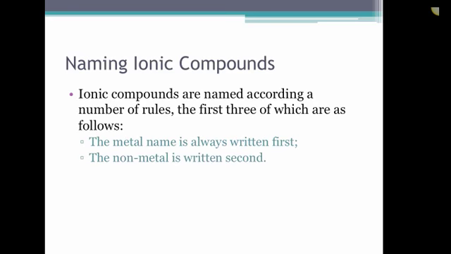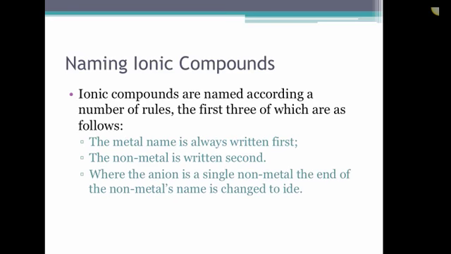Obviously the non-metal name is then written second. And the other thing that you have to keep in mind is that the non-metal, that is the thing that's picking up the electron, is an anion. The suffix of the name of that particular anion is going to get changed to "ide."